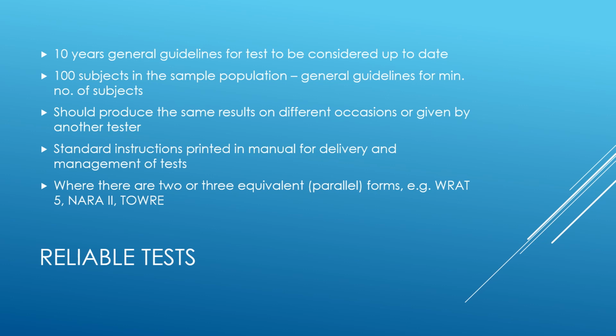That's useful because it means that we can look at different tests, but they should all be measuring the same thing. So they need to be applying all of this reliability and test-retest reliability onto each of those forms.